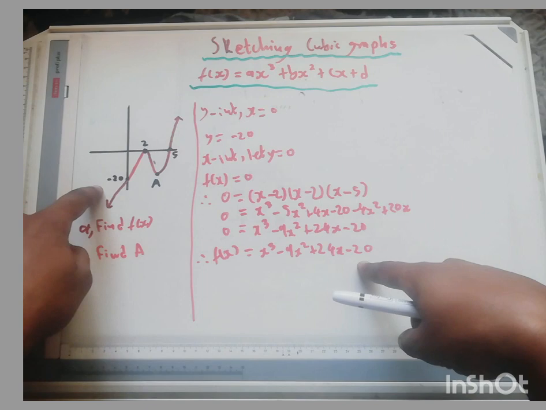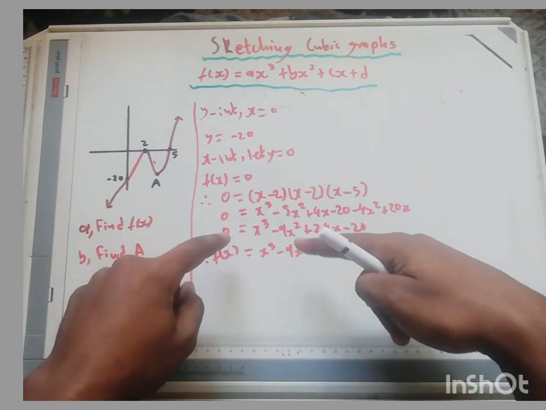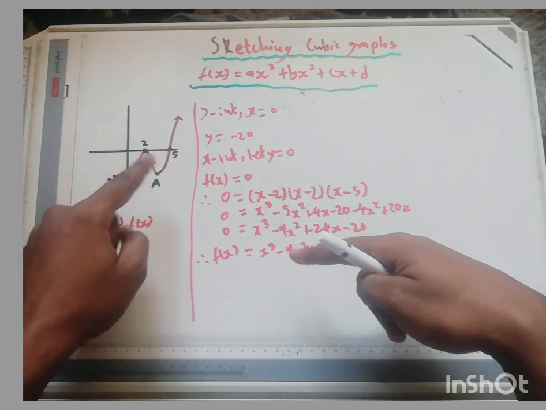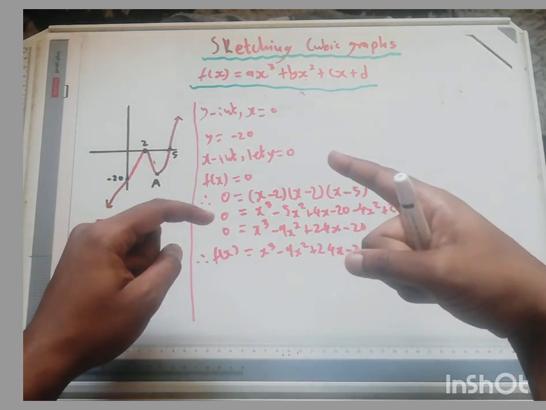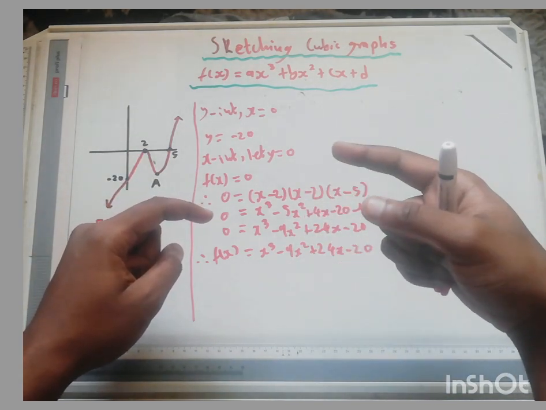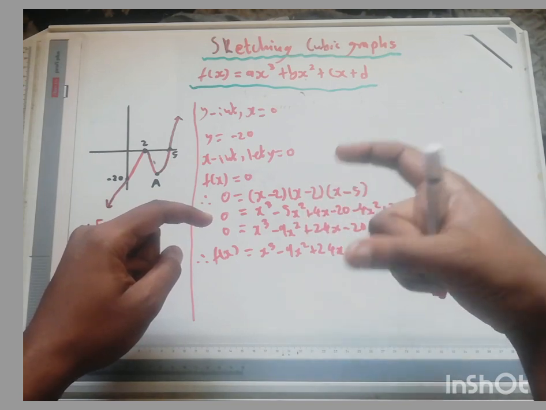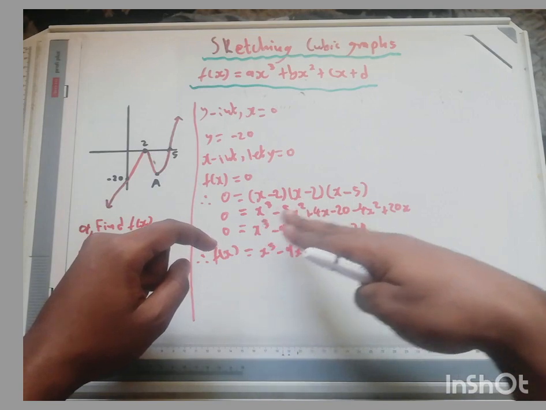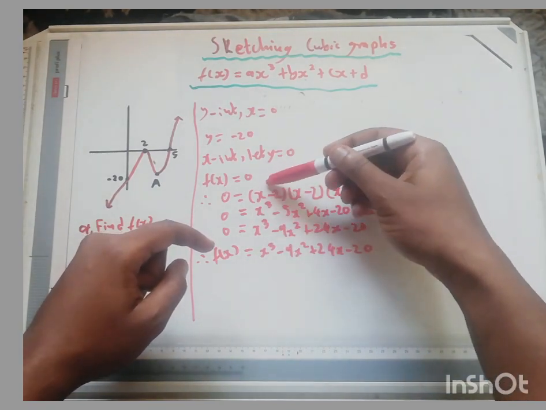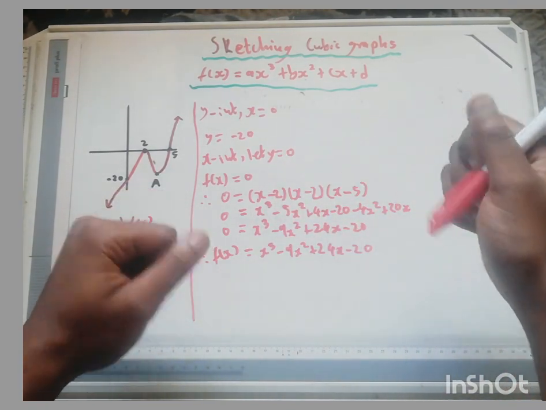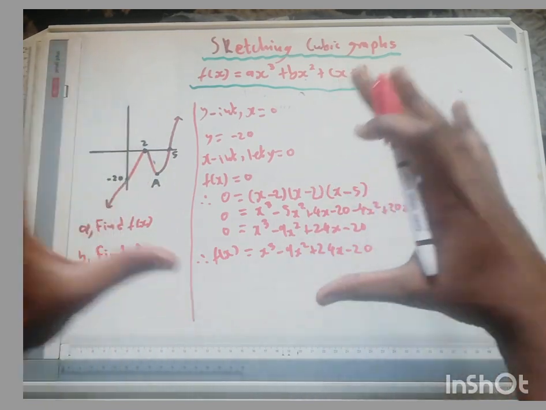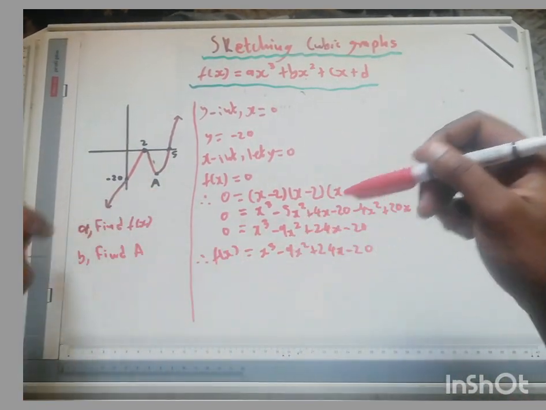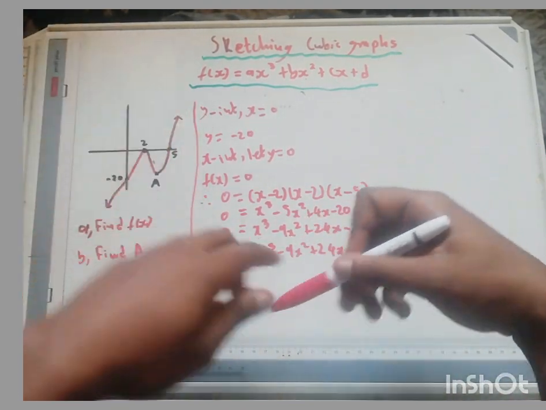It's true. Here it is, it's given here. And if one point is both the x-coordinate of the intercept and the x-coordinate of the turning point, it means that when you're factorizing, you have two of that same factor, which is represented here, and then this x minus 5 is given. So here is how you'll find the equation. So the equation of this graph is this.